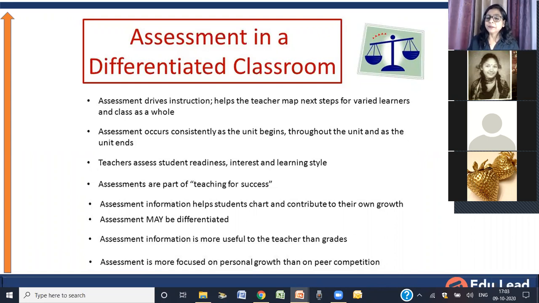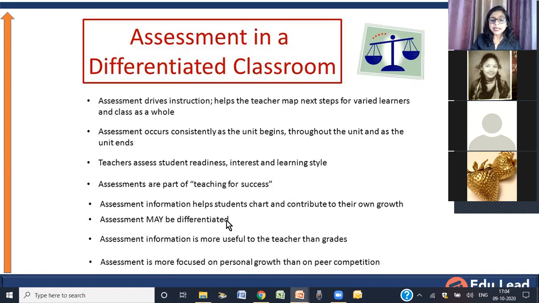Grades are not all that important. What is important is that this assessment is being used as a tool to teach for success. It's just a paradigm shift which every teacher has to go through when we are looking at assessments. Assessment has to be viewed from a different angle altogether.